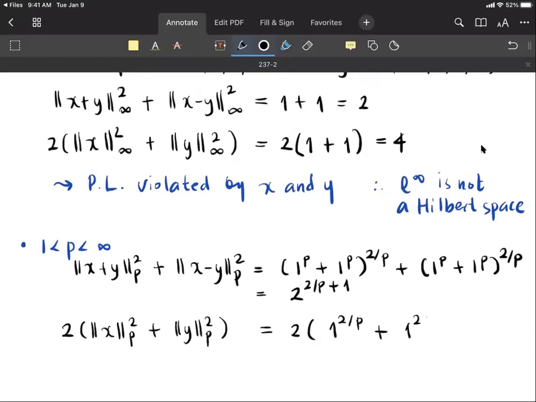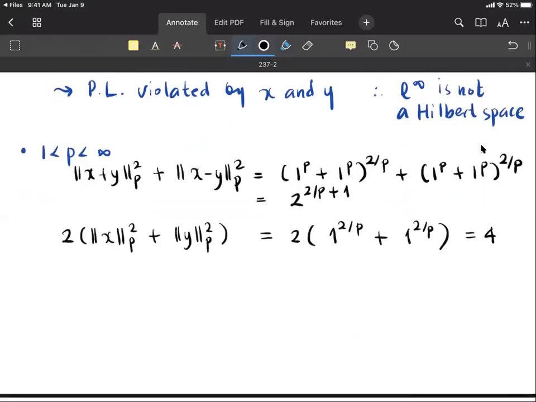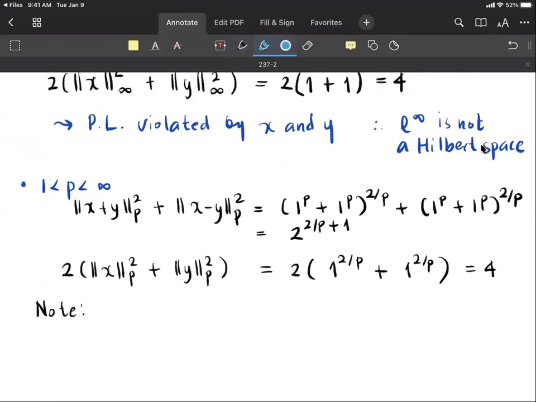And this is the same for the norm of y in p. Well, this is 4. Note that this quantity here is equal to 4.